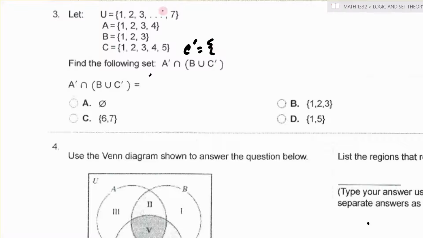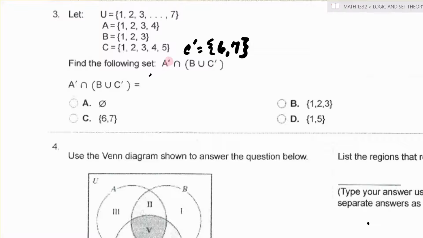All right, it's everything that's in the universal set that's not in C. So I can't have 1, I can't have 2, I can't have 3, I can't have 4, I can't have 5. But up here I have a 6 and a 7. So that is the complement of C.